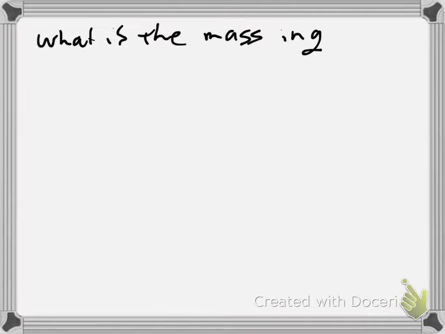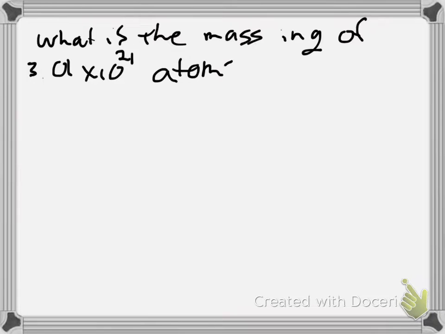I want to know what is the mass in grams of 3.01 times 10 to the 21st atoms of cobalt, which is written Co.